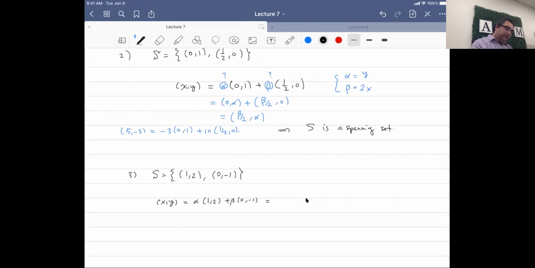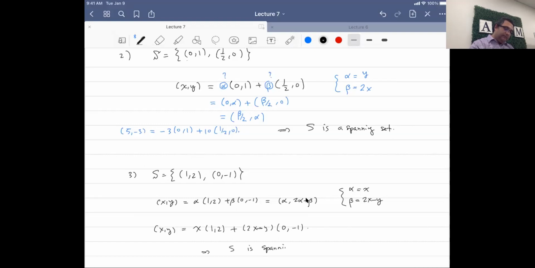This gives me alpha, comma, 2 alpha minus beta, and this is supposed to give us X and Y. So alpha should be X, and beta should be 2x minus y. So every vector you give me, I can write as x times (1, 2) plus (2x minus y) times (0, -1). So I can write any arbitrary vector as a linear combination of those two vectors. So this means again that S is a spanning set.